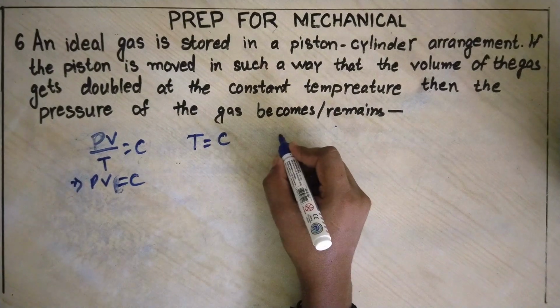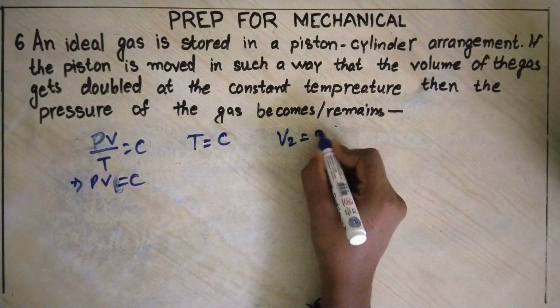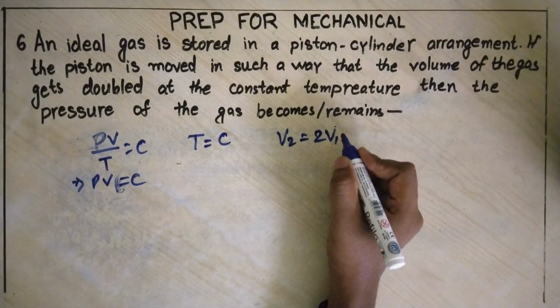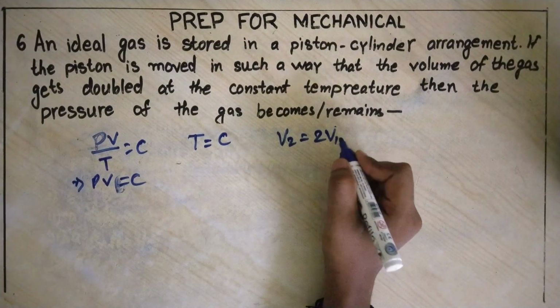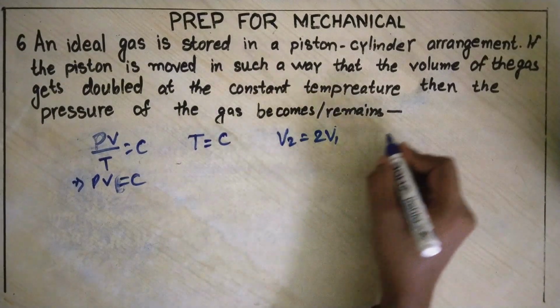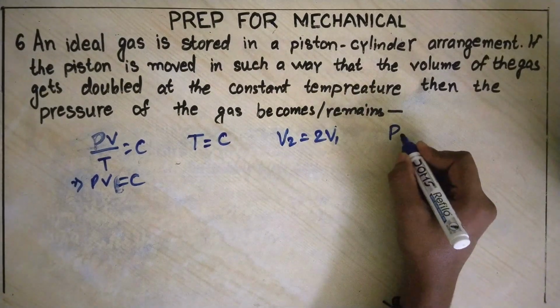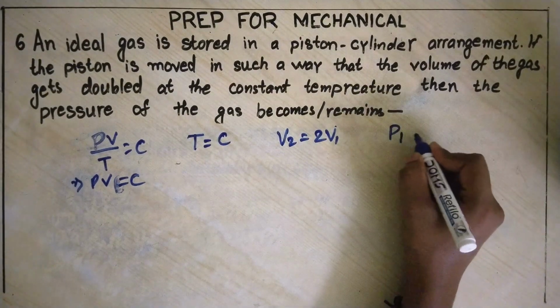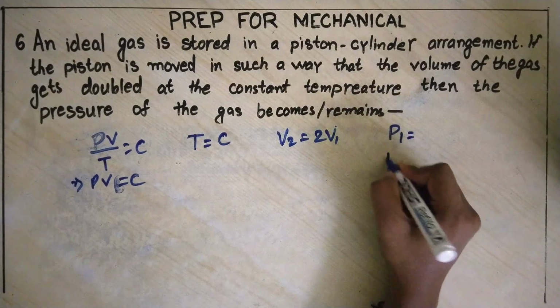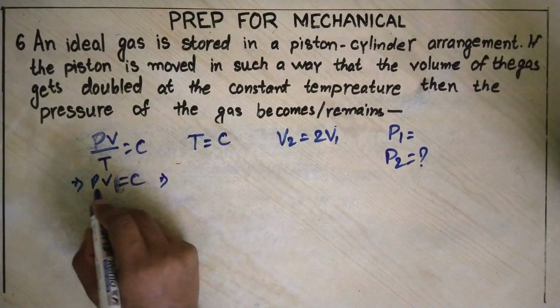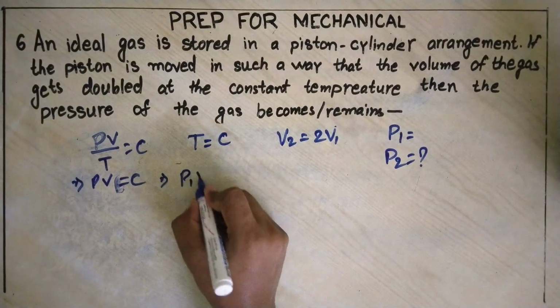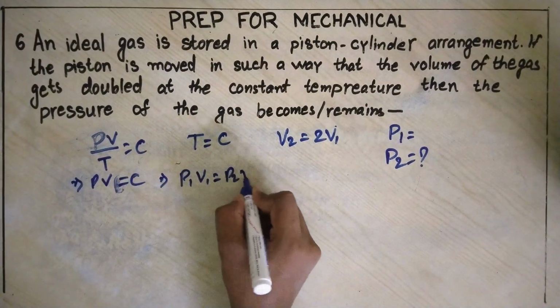In this question, V2 is given as 2V1, as the volume gets doubled after expansion. Let us take initial pressure as P1. What will be P2? We have to find out. Since PV equals constant, P1 V1 equals P2 V2.